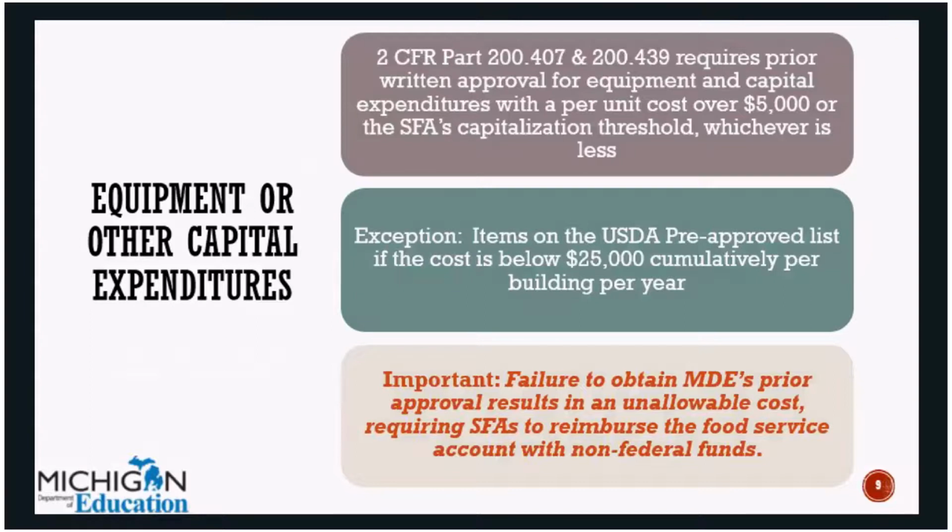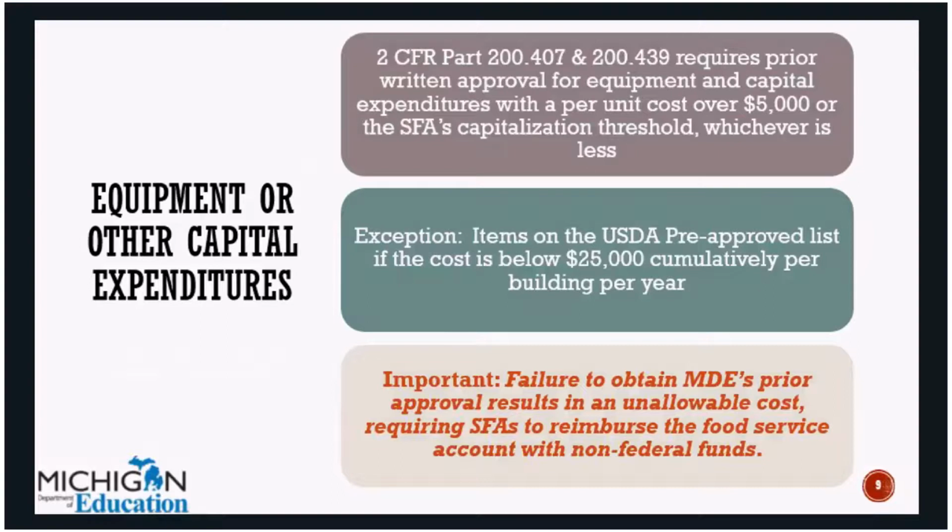There is a USDA pre-approved list of equipment that lists items which do not require approval. However, items on the list that reach a cumulative total of $25,000 per year per building must still be approved prior to incurring the costs.